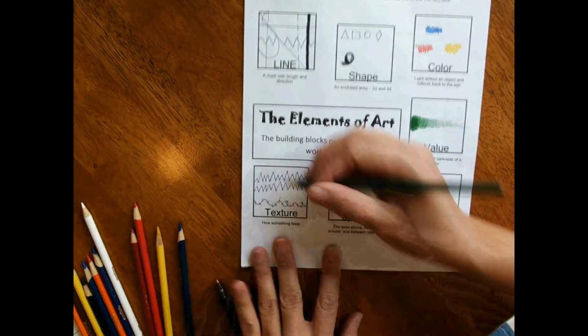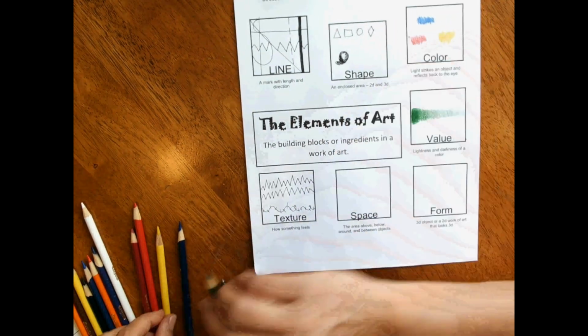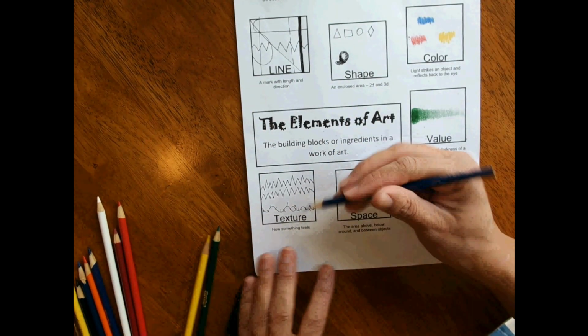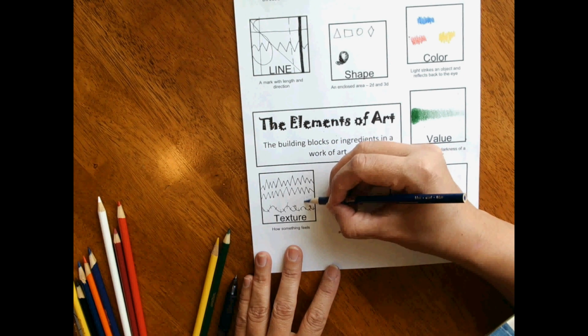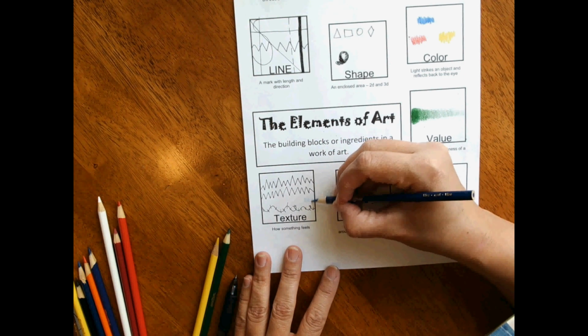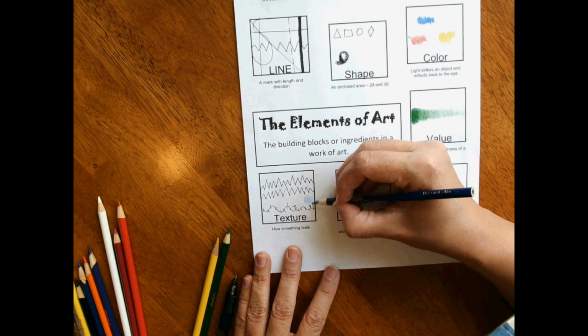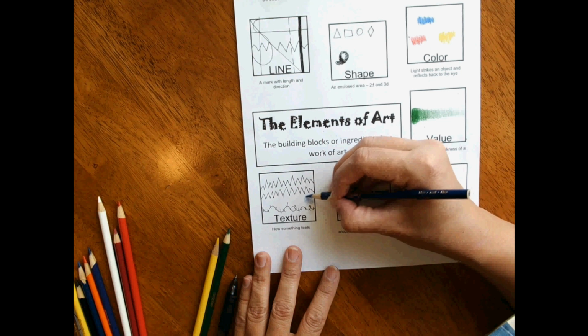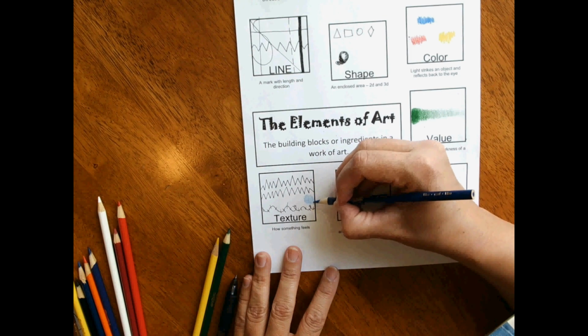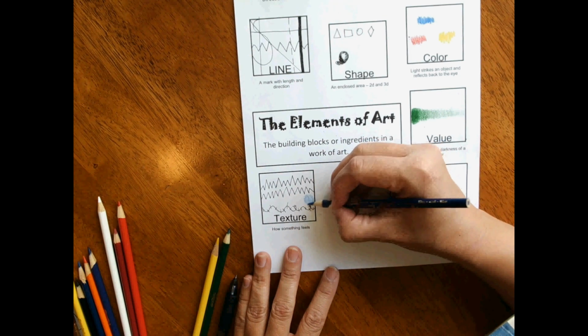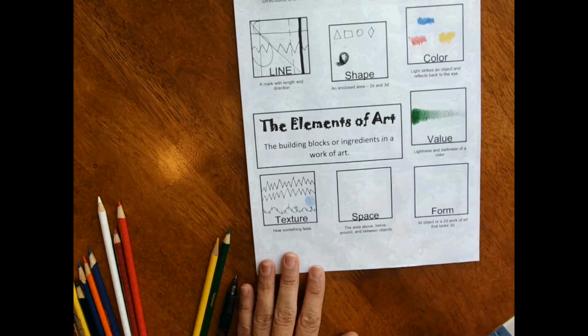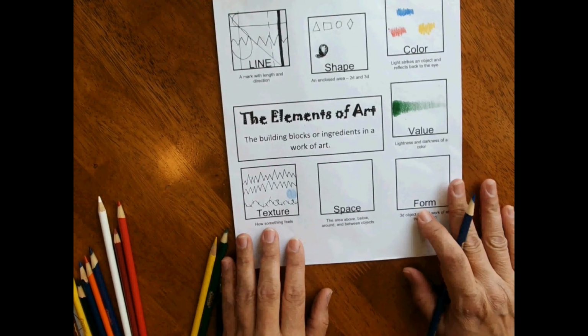Or let's say I try to get some color and maybe do something really soft. This will show somebody a soft, smooth texture, because I'm showing that light value. It's smooth, it's not hard, just by showing something like that.